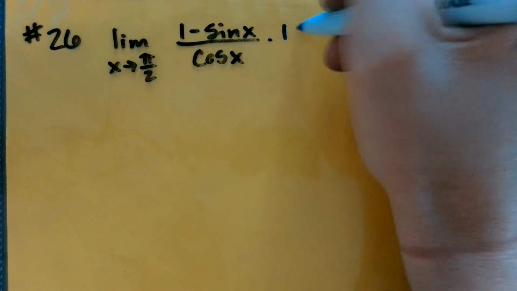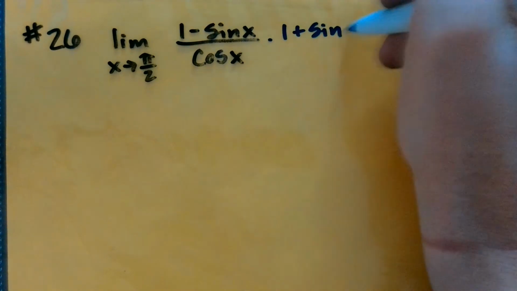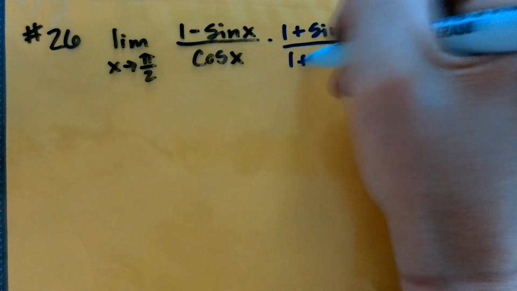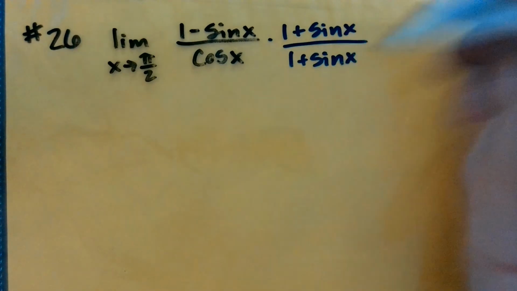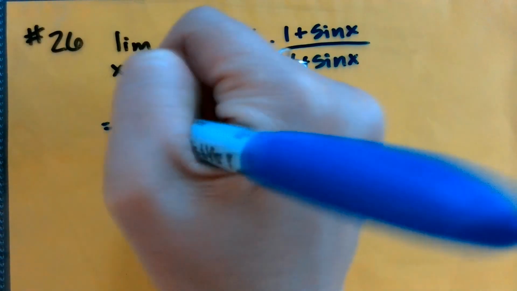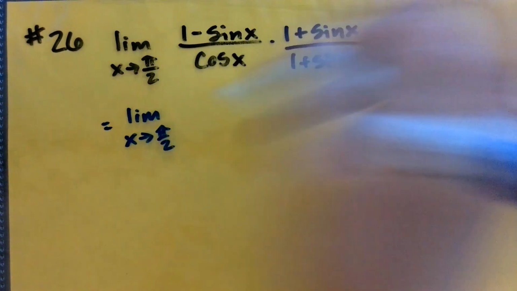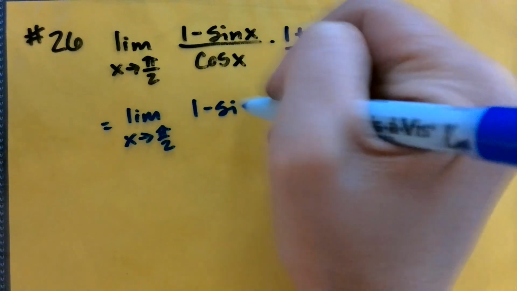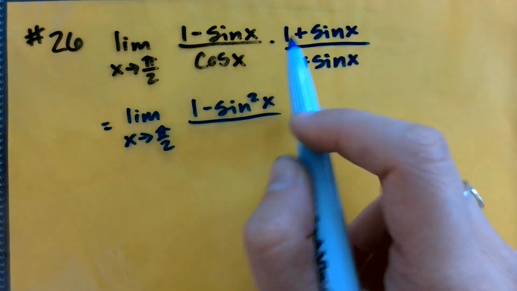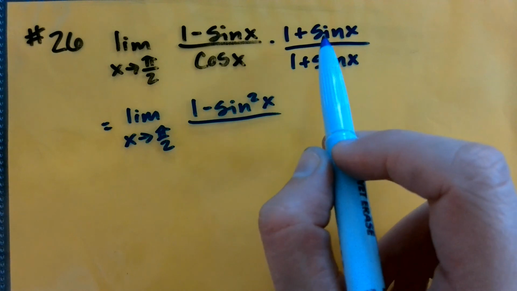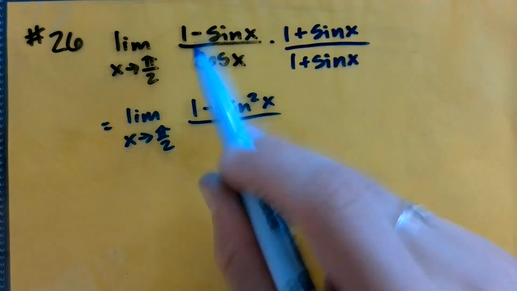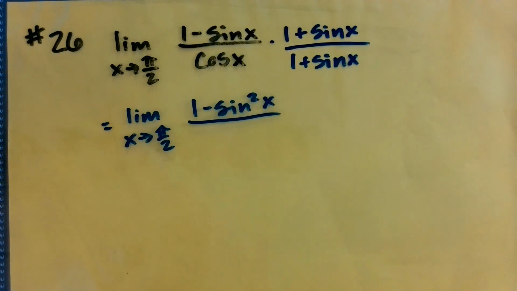So this is going to be kind of like the radical problem where I'm wanting to multiply by the conjugate of the top. So a 1 plus sine x. That way it can look something like one of our Pythagorean identities. So I'll have a 1 minus sine squared x in the numerator. Remember, because one's plus and one's minus, I'll have that minus sign and the plus sign in the middle here that cancel.